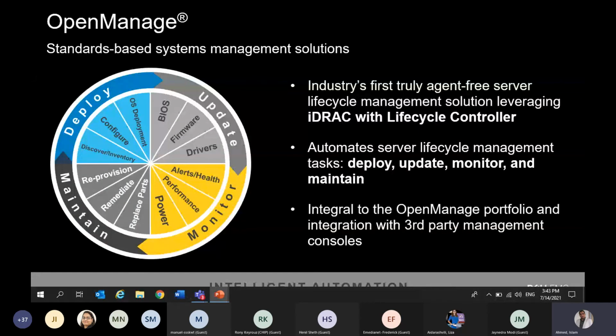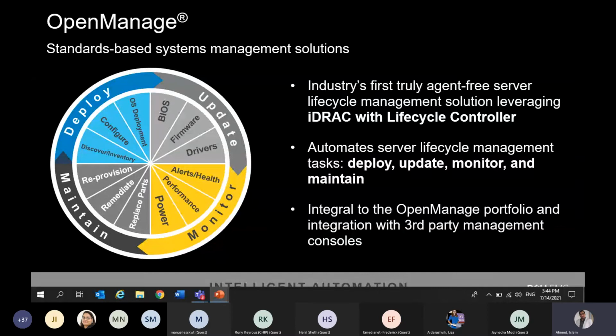The same goes for OpenManage, which is a standards-based system management solution. This will help you maintain and automate the whole cycle of your server, starting from the deployment phase, with updates, monitoring, and maintenance. It will give you a chart with the status of every single thing in the server: the BIOS, the power, the performance, the configuration, the operating system deployment.